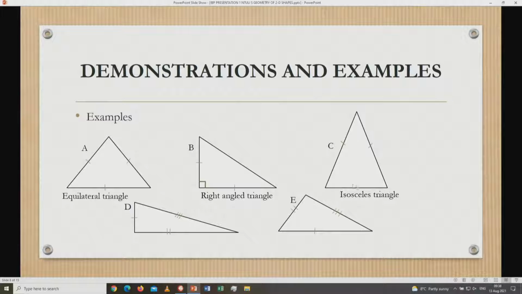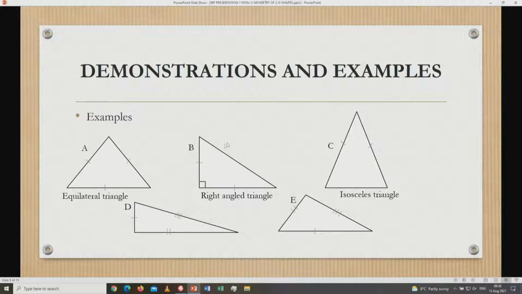No, there is no tick there, which means only two sides are equal. Remember, the third side is not equal to these two sides. Why? Because there is no mark that shows that they are equal. And when there are only two sides equal, we are talking about an isosceles triangle, guys. So let us not forget about that.